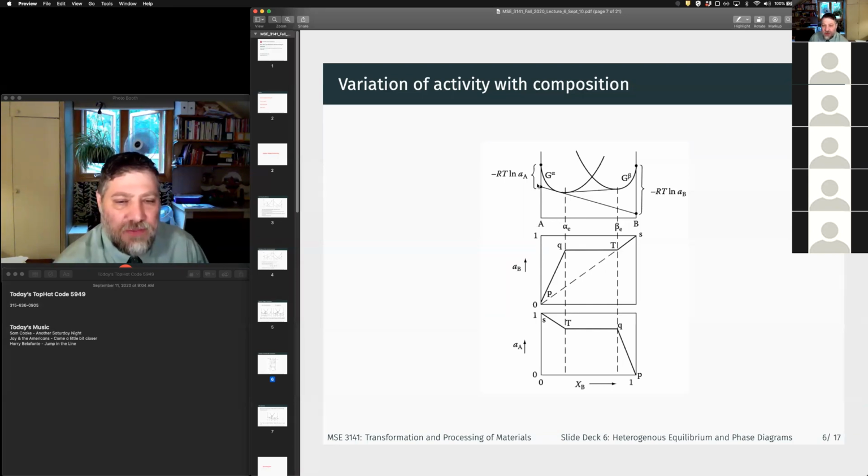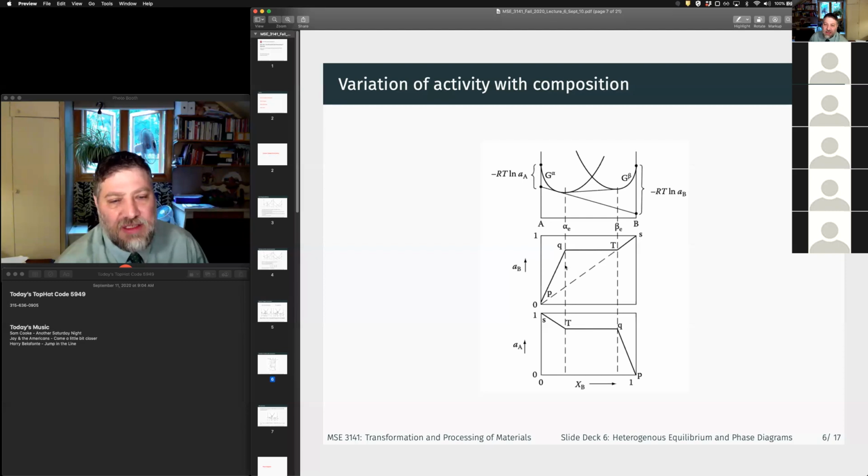So if we start from pure A and we add B, we move down these free energy curves, and our tangent at pure A obviously meets right here. As we move down, the intersection of our tangent with our axis moves down, and this distance here is RT natural log of our activity, right?